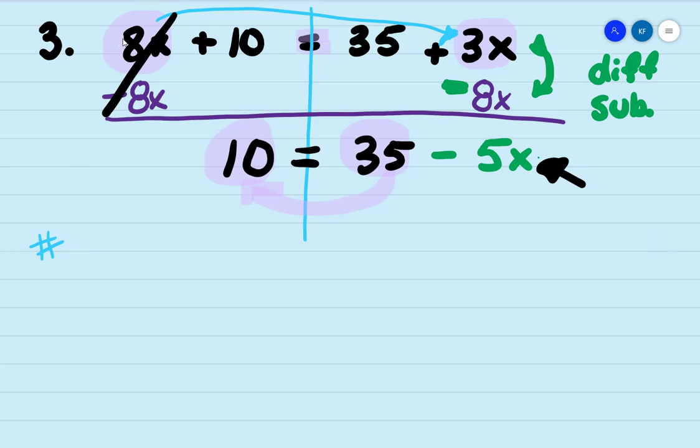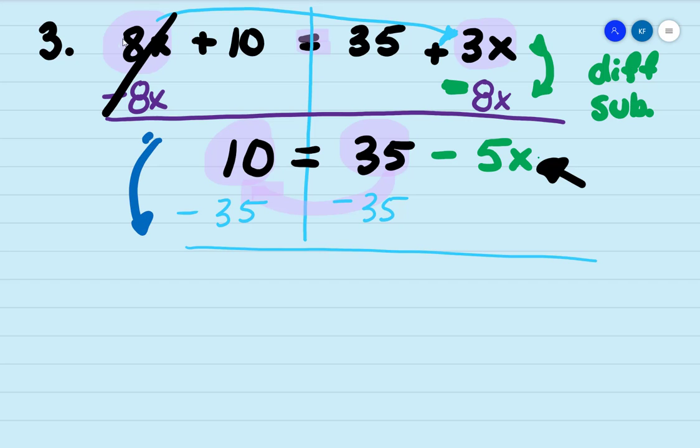Okay, so we are going to subtract 35 from both sides. And then you've got to check signs the same or different. These are different, so you're going to subtract. So 35 minus 10 is 25, with the negative sign.